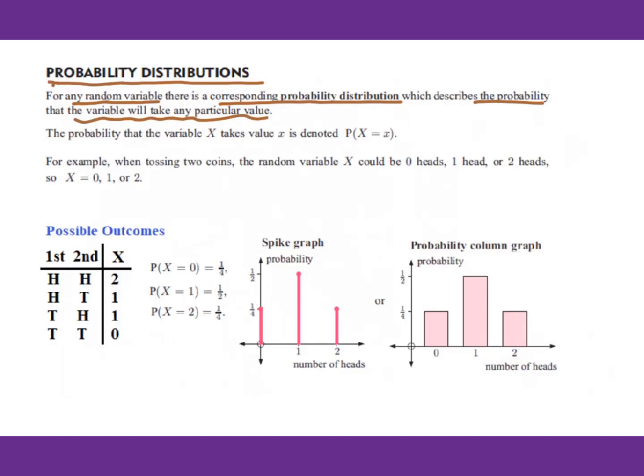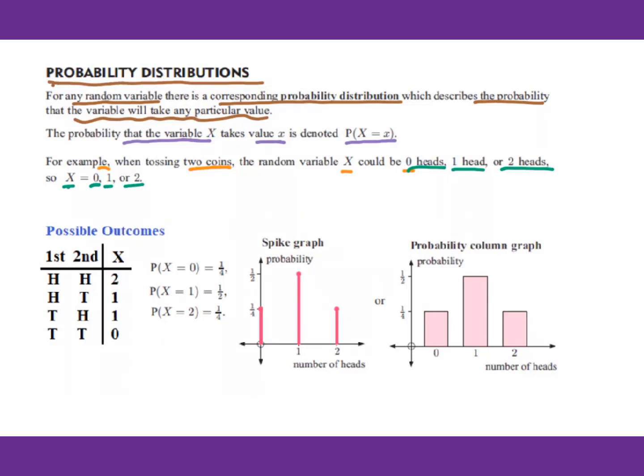The probability that the variable X takes value x is denoted P(X = x). For example, when tossing 2 coins, the random variable X could be 0 heads, 1 head, or 2 heads. So, X equals 0, 1, or 2.